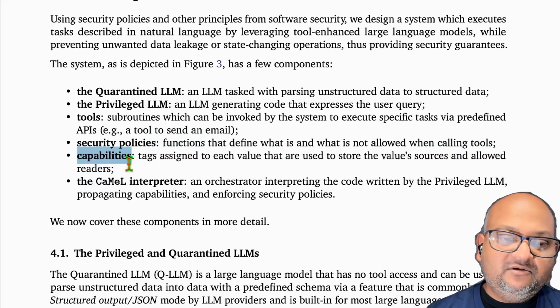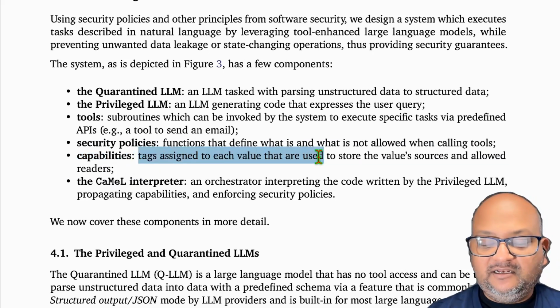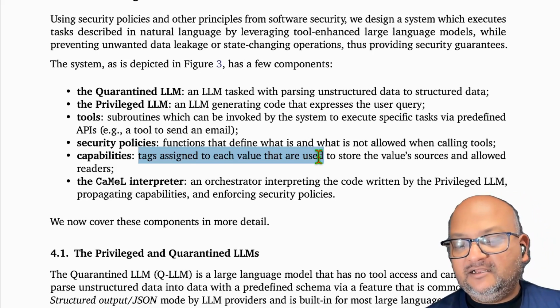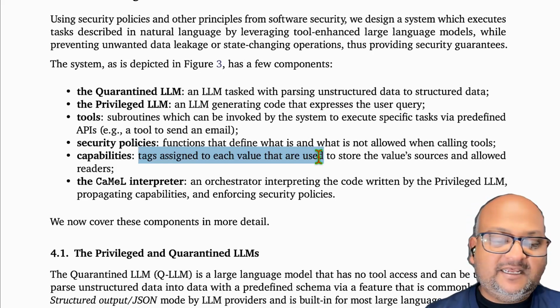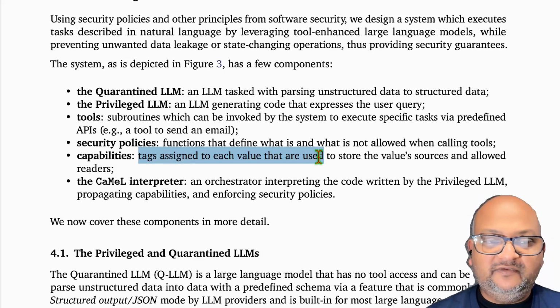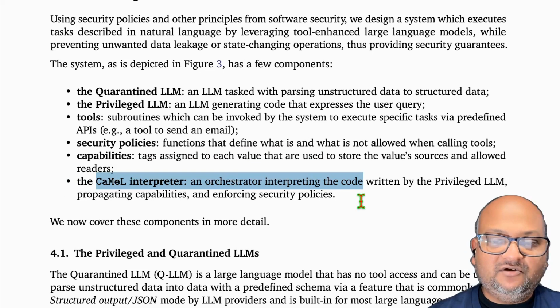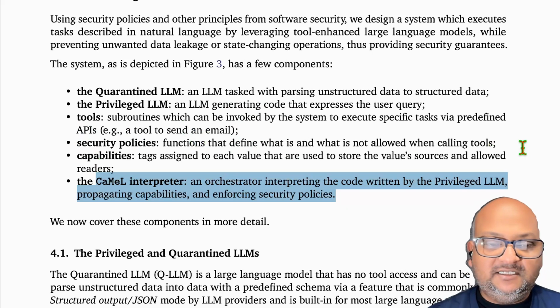The important thing to know about capabilities is that they are basically tags assigned to all this data that track the source of the data. And that lets you differentiate between data that can be potentially malicious versus not. And finally, orchestrating all this stuff is what they're calling their CaMeL interpreter. So it's calling the quarantined LLM, the privileged LLM, and managing all these policies and capabilities.